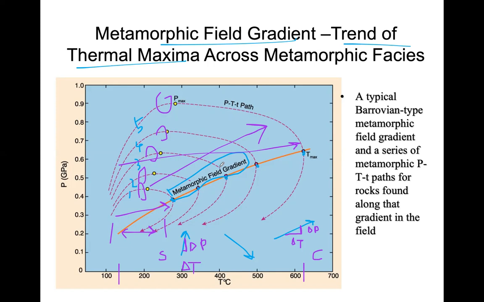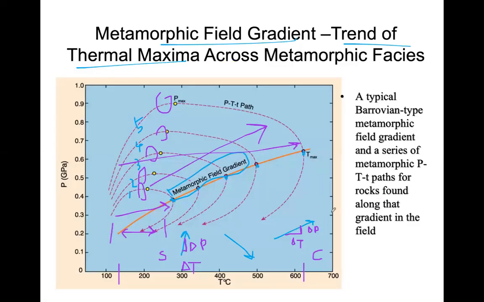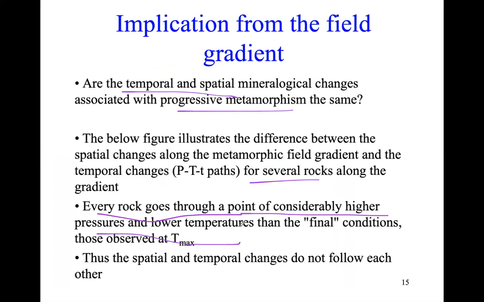So the rocks shown by a metamorphic field gradient have temporal and spatial mineralogical changes. You can compare several rocks along the gradient, and every rock goes through very different pressures and temperatures, so the final conditions are different.